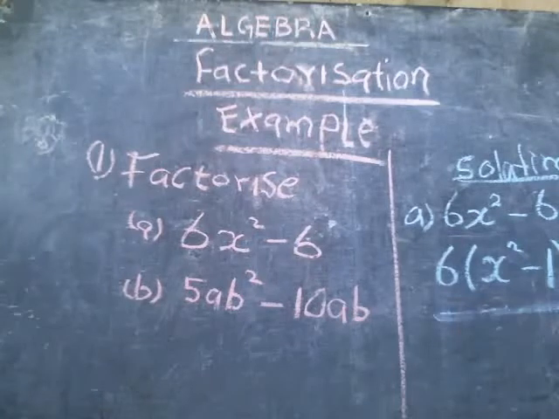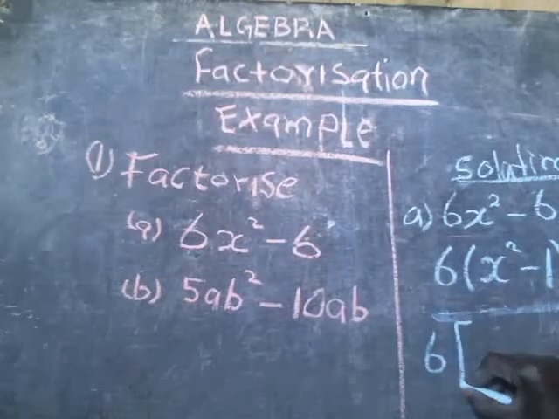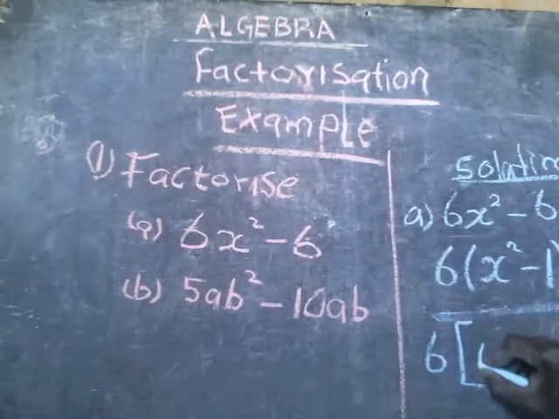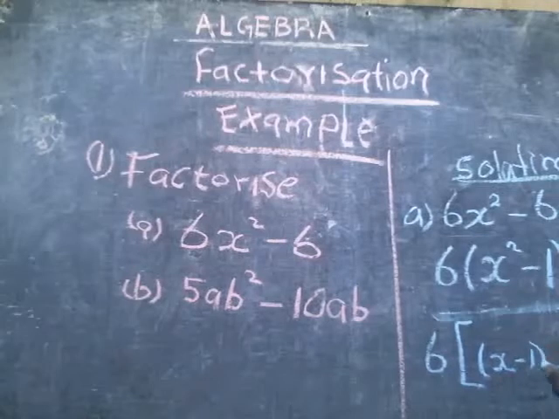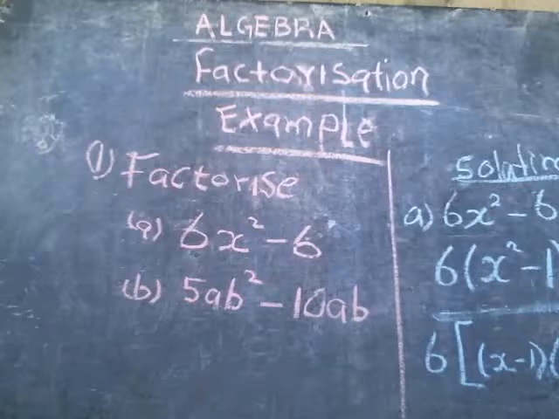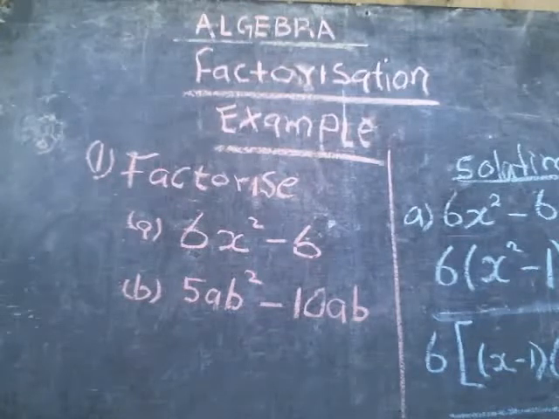So you write your 6, open your brackets, x minus 1, close brackets, open bracket, x plus 1. So as we go on learning our mathematics, you will understand why we have done that there. So for now, that is our answer. Any question?